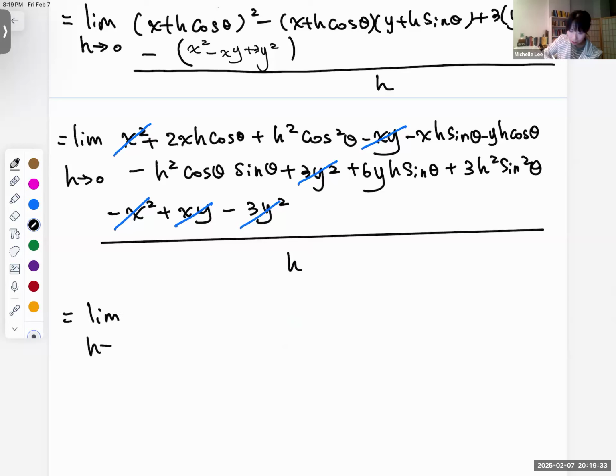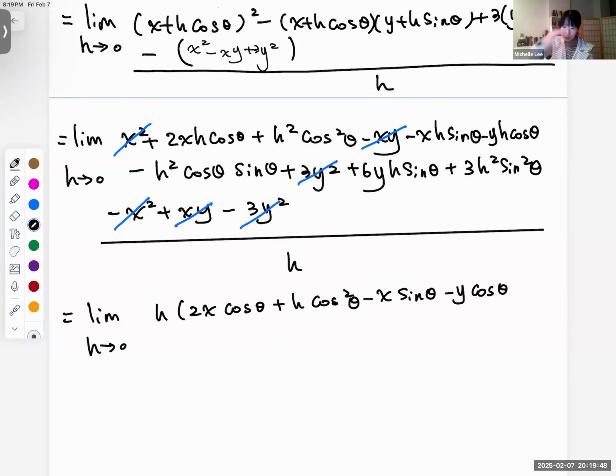Okay, h and 2x cosine theta plus h cosine squared theta minus x sine theta minus y cosine theta. That's the top row, right?